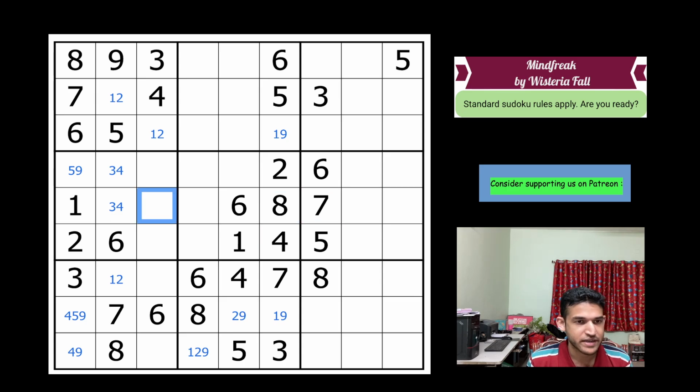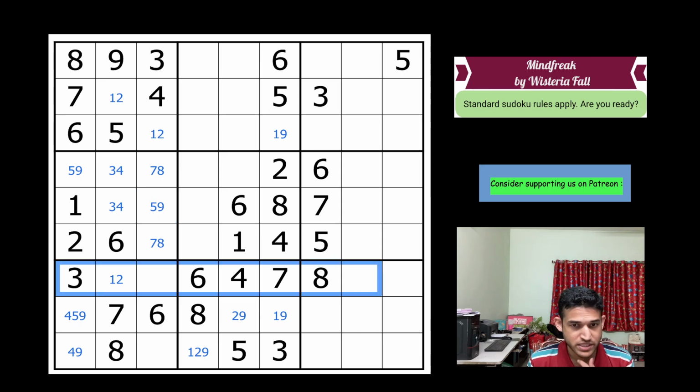So which means 7, 8 cannot go in this cell, and they also form a pair in box 4. And that gives you a 5, 9 here. Excellent. Okay, looking along row 7, this will be 1, 2, or a 9.